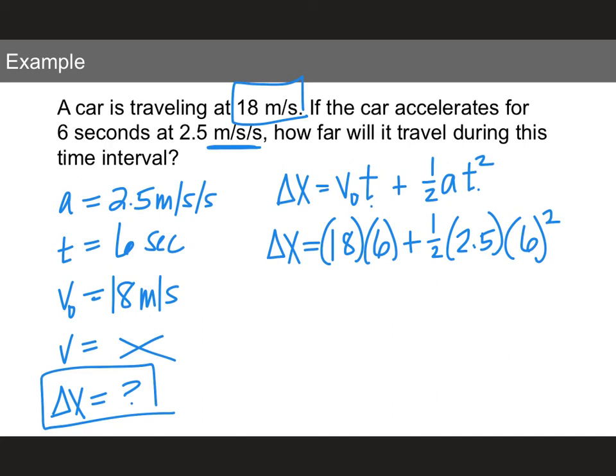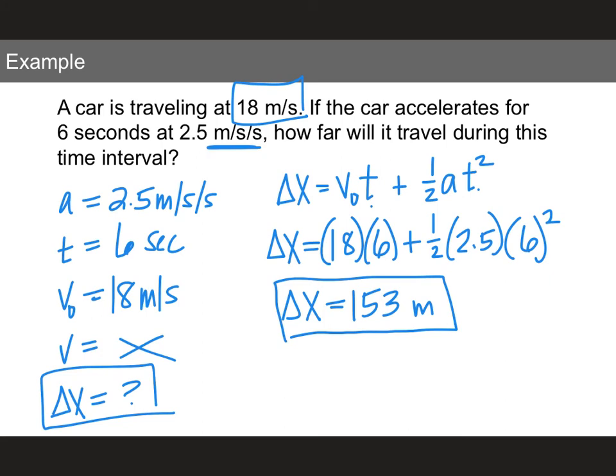All right, so at this point we would just grab a calculator. You don't need to show all your steps on how it goes from one step to the next, or how you get the final answer. Just go ahead and grab a calculator and compute what this ends up being. And this does turn out to be a fairly high number, 153 meters. It's about a football field or a soccer field and a half. That's how far this car would travel.